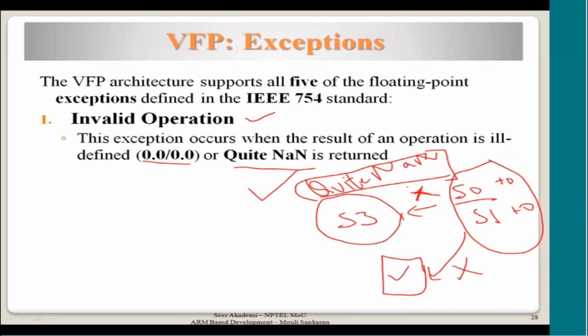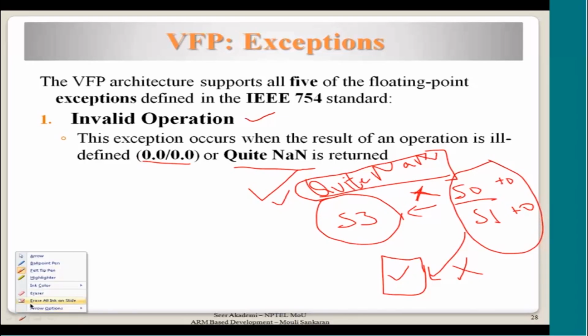This is a pattern which is not a correct floating point value, not actually holding a number, but it is the indication. Whenever this bit pattern is seen by the floating point processor or your application, you should act on it accordingly. So in that situation, a quiet NaN can be returned.